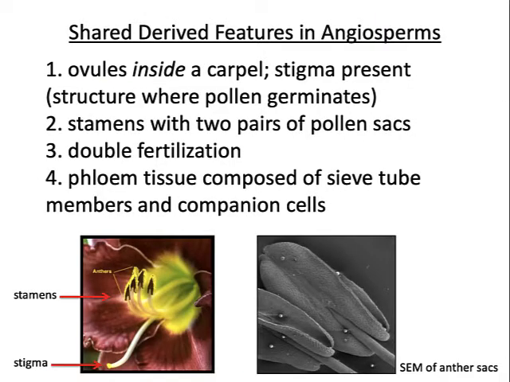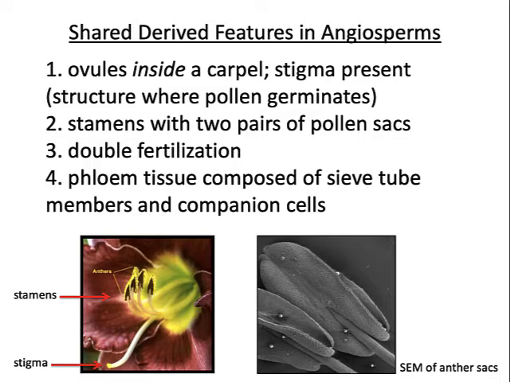So what are the shared features of the angiosperms on the tree of life? Well, as we previously said, the ovules are found inside of a carpel, and there's also a stigma present because there has to be somewhere where those pollen grains may land and be received in order for fertilization to even be possible.